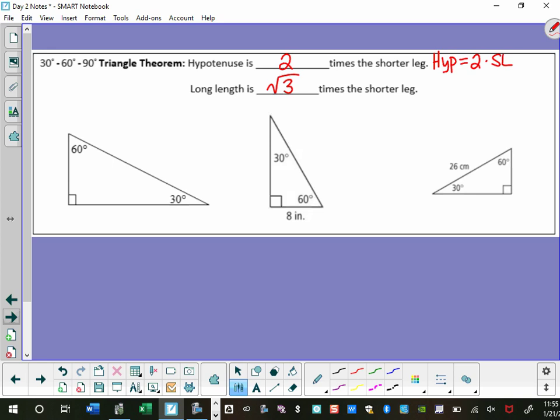So get used to seeing SL and LL. If I want to find the long leg, it is root 3 times the short leg. And if you want to find the short leg, it is the hypotenuse divided by 2.